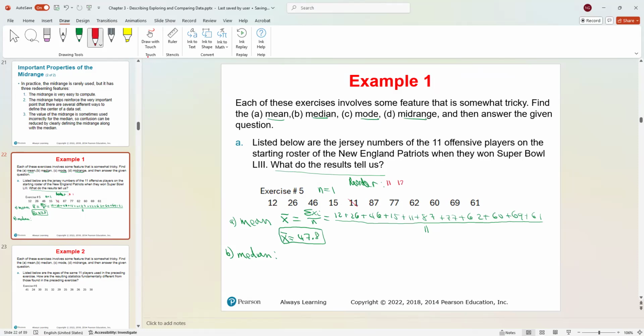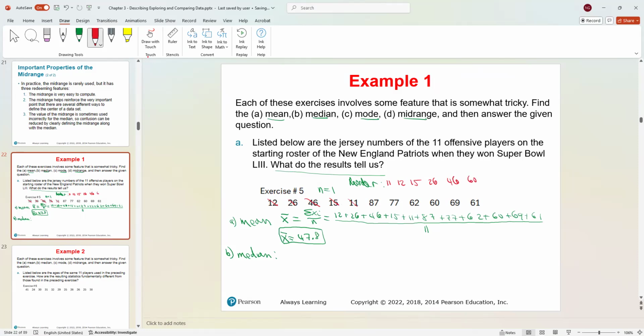I see 12. 11, 12. I see 15. And what else after 15? No more. We see 26, right? After 26, we see 46. You must reorder the data, otherwise you cannot find the median.